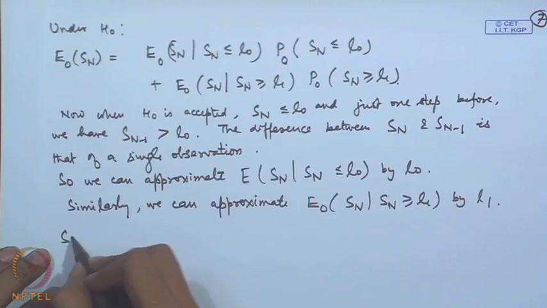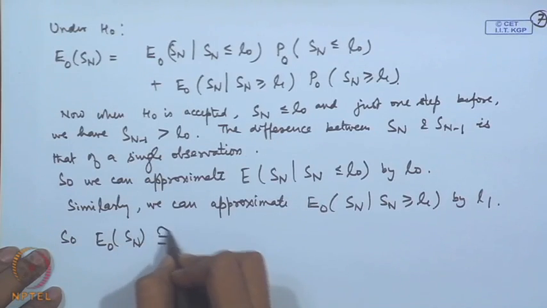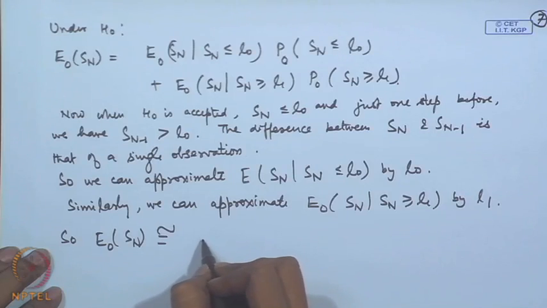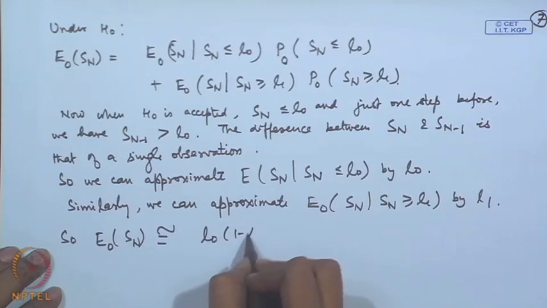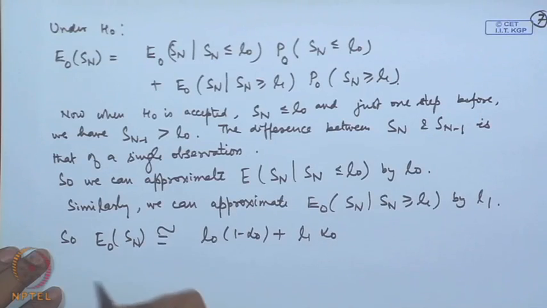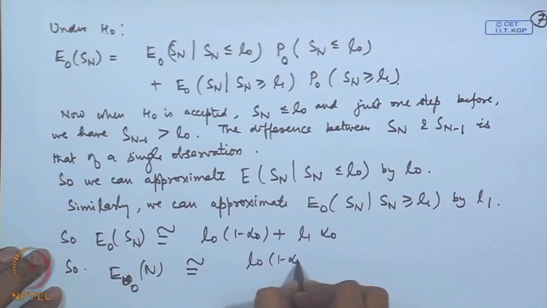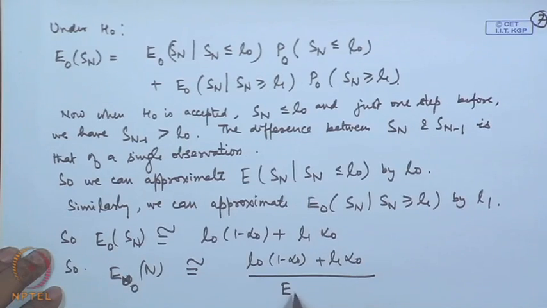So, expectation of S n under H naught is approximately L naught into 1 minus alpha naught plus L 1 into alpha naught. So, expectation of n under H naught is approximately L naught 1 minus alpha naught plus L 1 alpha naught divided by expectation of Z under H naught.